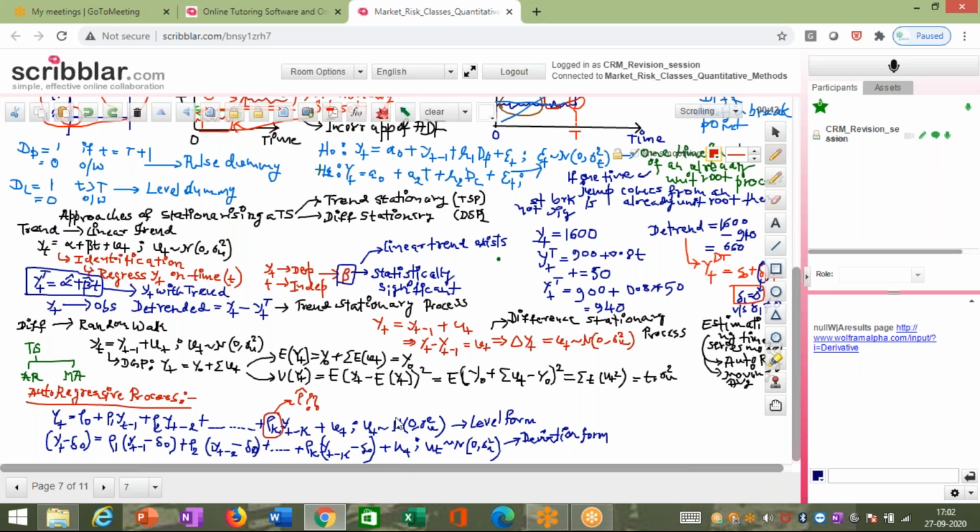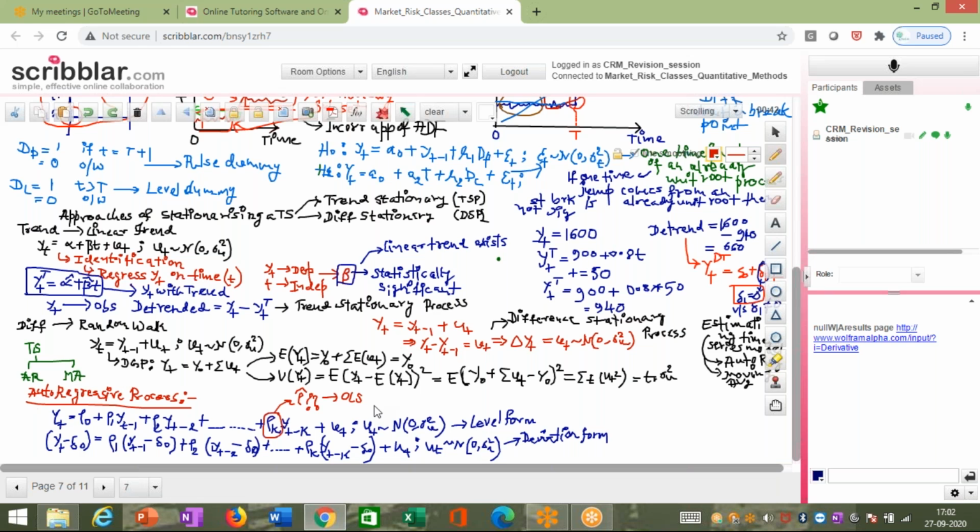Now what is the estimation process? The estimation process that we will use over here is the one that we have already discussed, and that is the OLS, or the ordinary least square estimate.